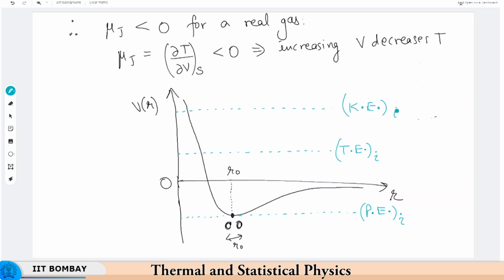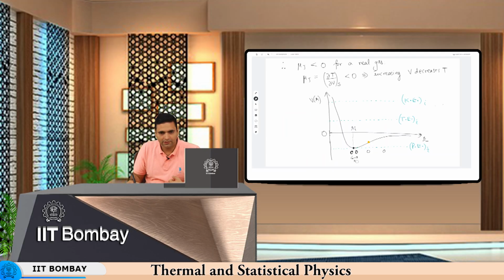Now after expansion we are going to increase the volume, and increasing the volume essentially means the intermolecular separation is increasing on average. So, this point will climb somewhere here, which means the molecules are now farther apart on average. This is Ri, and this is Rf, which is after expansion.